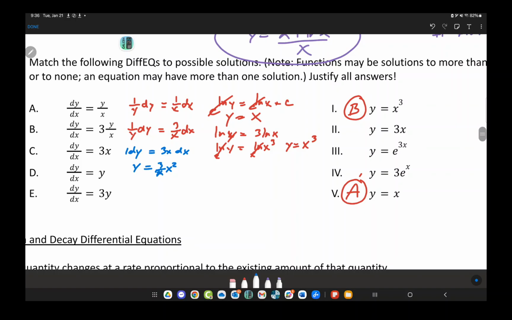Now for D, we have 1 over y dy equals 1 dx, which gives you natural log of y equals x, which means y equals e to the power of x.